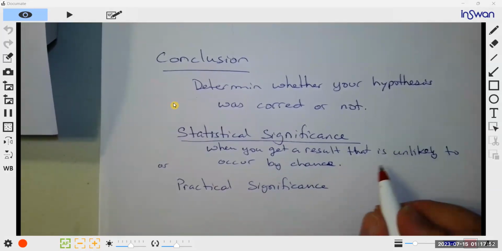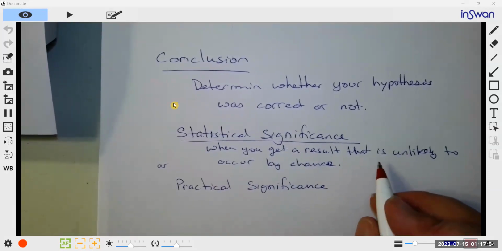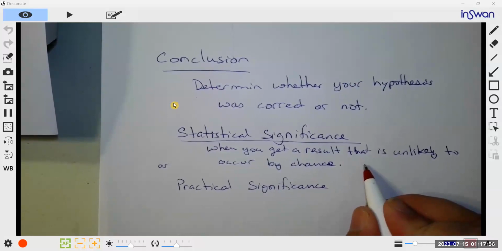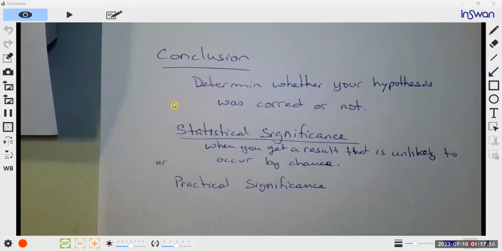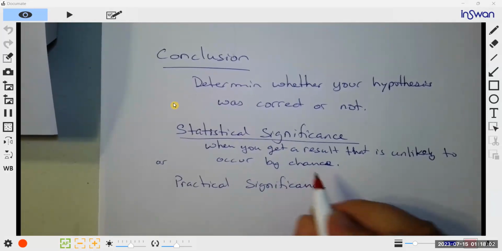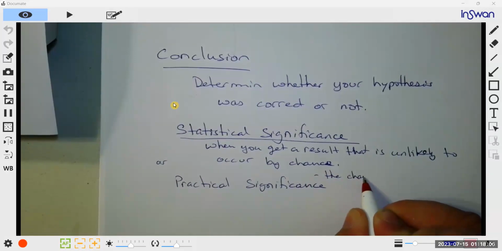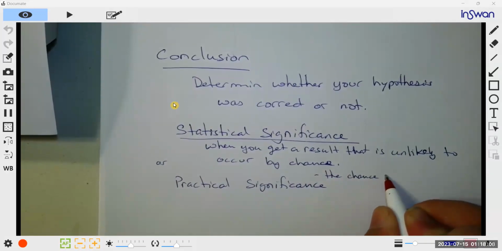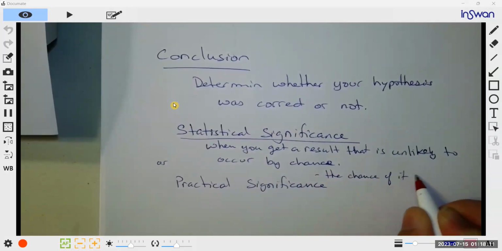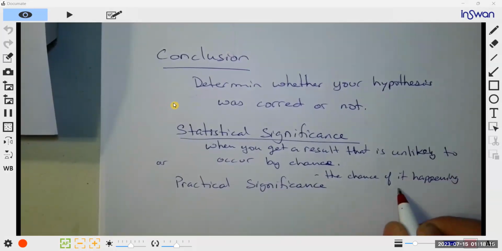So what we're going to do in this course is look at the chance of something happening, which is about 5%.